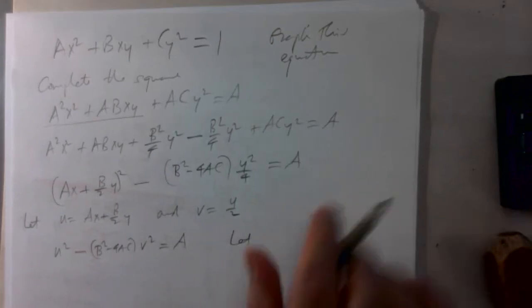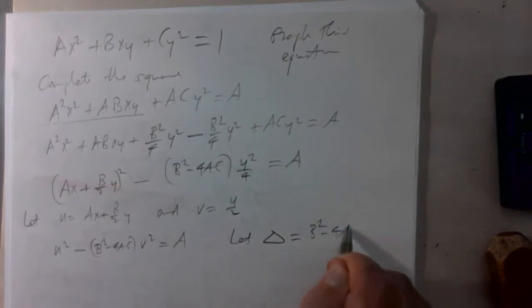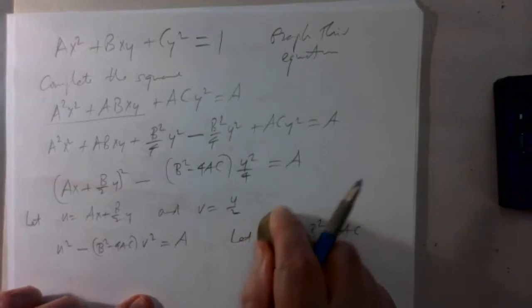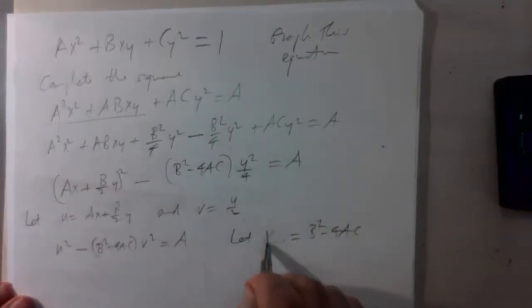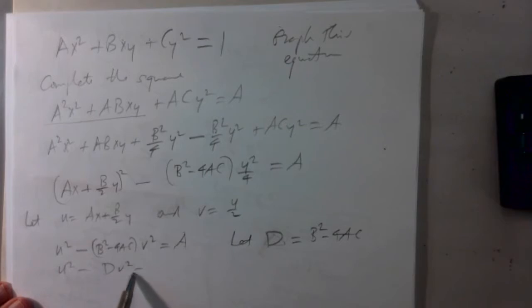So just to make things slightly easier, suppose I let delta be this number b squared minus 4ac. Or maybe I should call it d, for the discriminant. So u squared minus d v squared equals a.